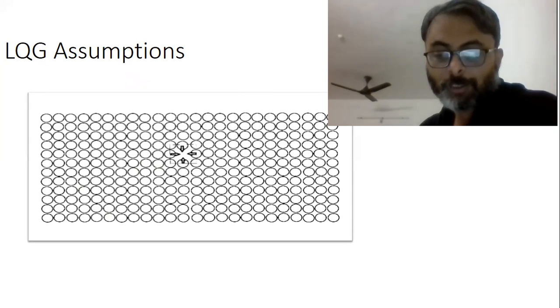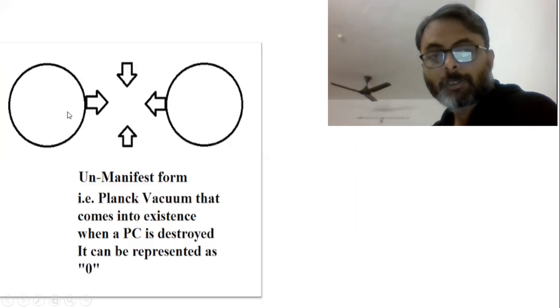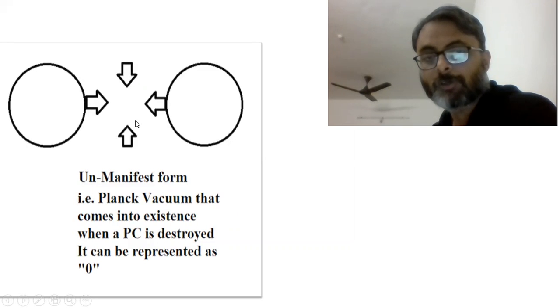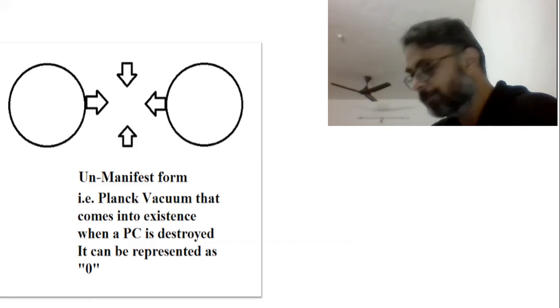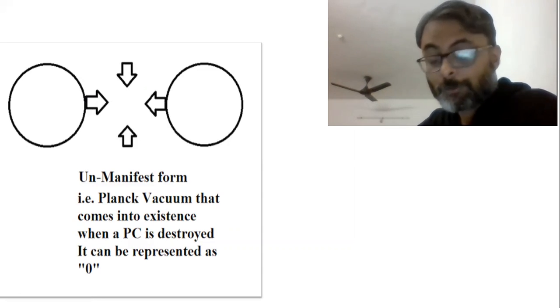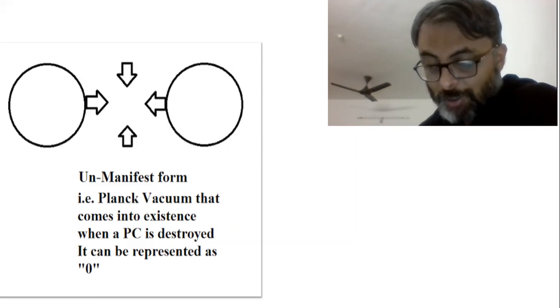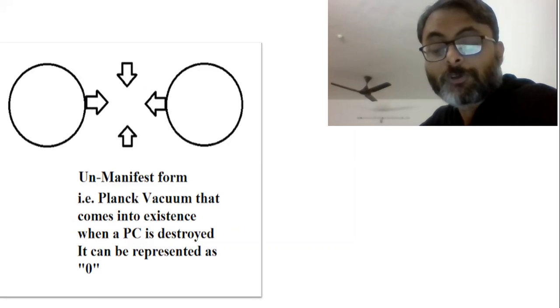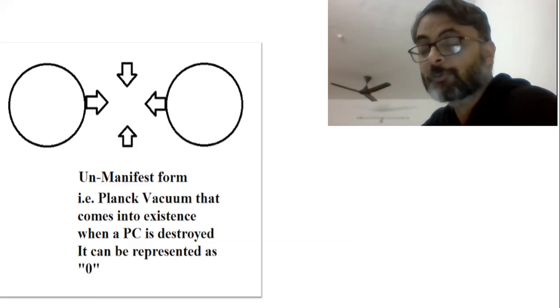So you can imagine there are two marbles, and there is a third marble in between them. One more assumption is that there should not be any space in between them, so a true PC vacuum is not allowed.